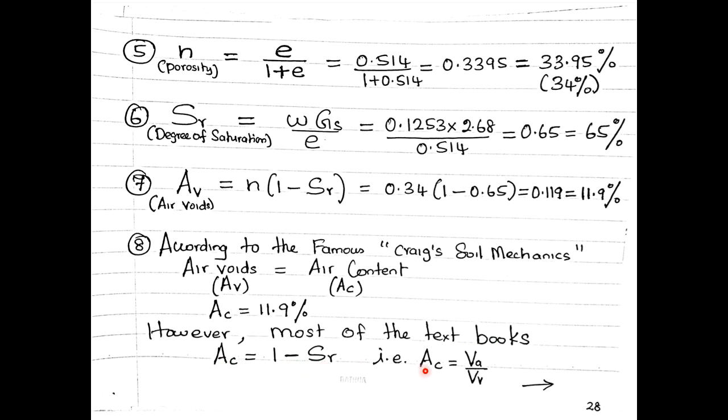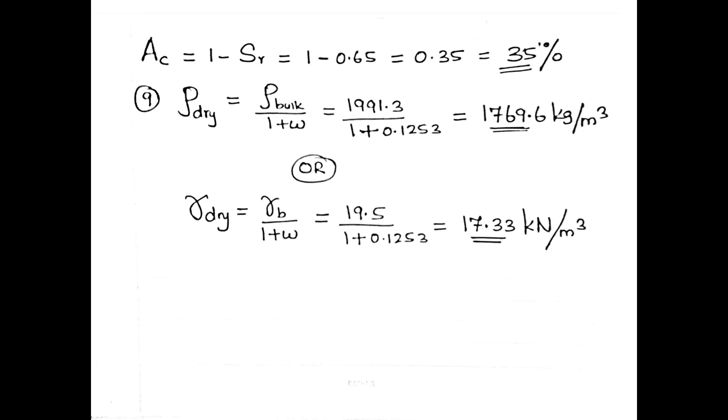That is, AC is equal to volume of air over volume of voids. According to most of the recommended books, only the Craig book is different in this case. Air content is equal to 1 minus Sr.